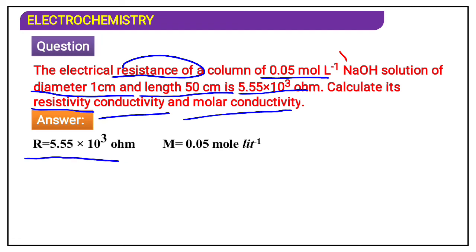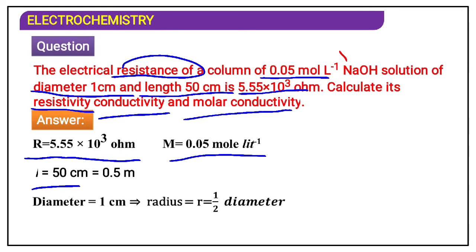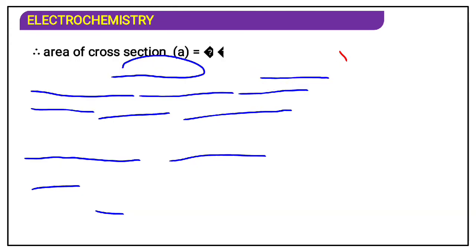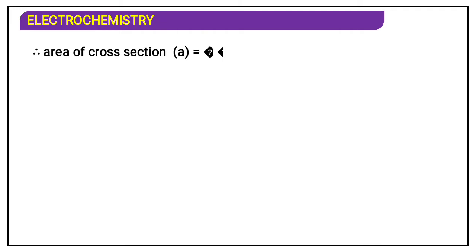Here they have given the resistance, the molarity, and the length of 50 centimeter, converted into meters it becomes 0.5 meters, and the diameter given is 1 centimeter. When the diameter is 1 centimeter, the radius is half of that diameter. Then, very important, is the area of cross section.